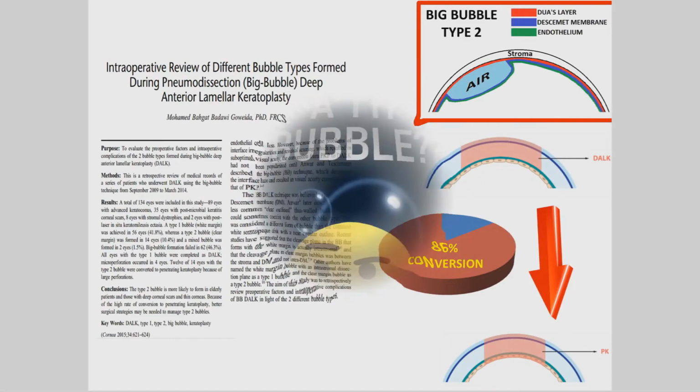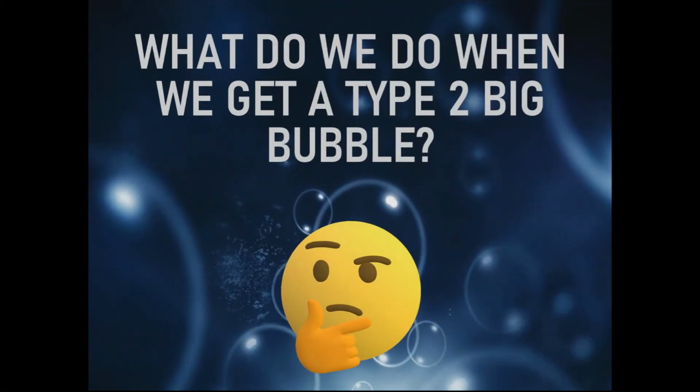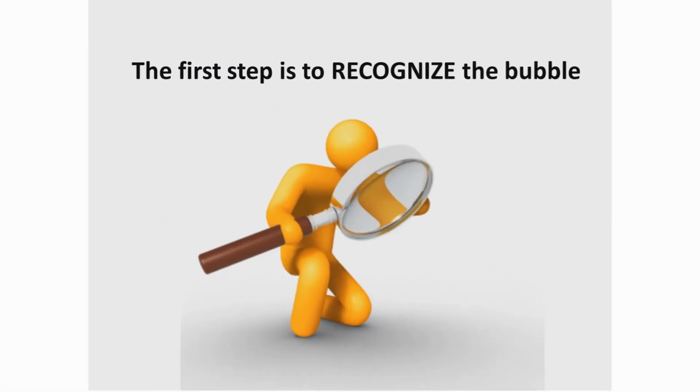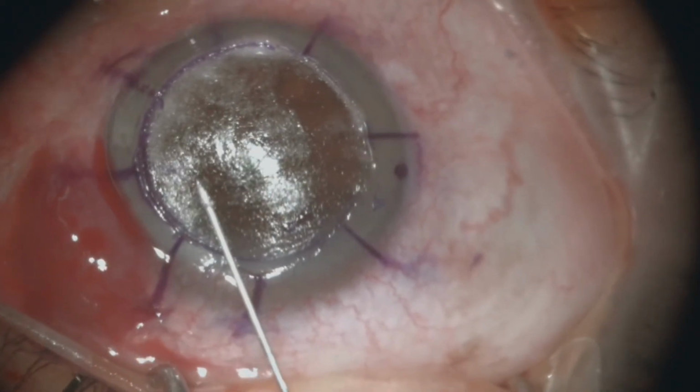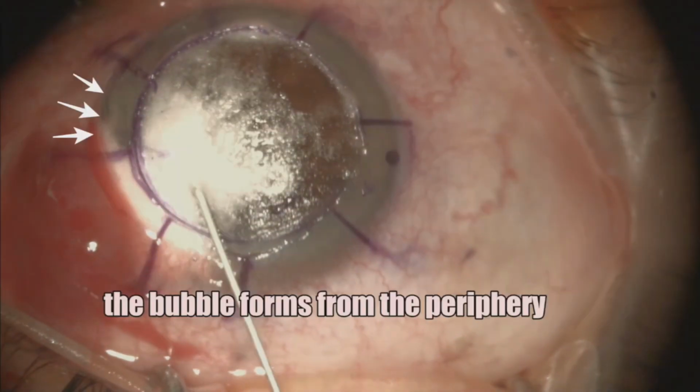So, what do we do when we get a type 2 big bubble? The first step is to confirm the presence of the big bubble type 2. The bubble forms from the periphery.